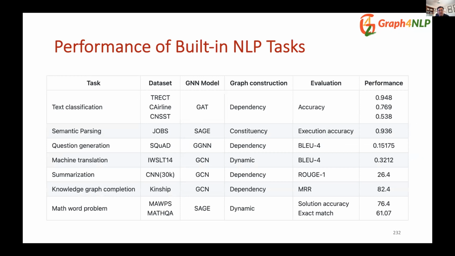This is just showing that we have tested our library with a variety of tasks, used a variety of graph neural models, and also used different evaluation metrics, trying to replicate the reported results in each of the papers. And this result shows that we are able to do that.